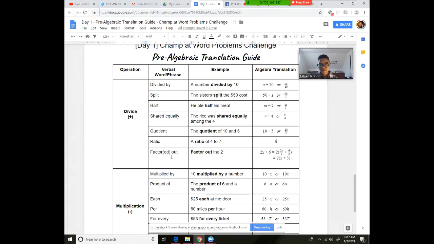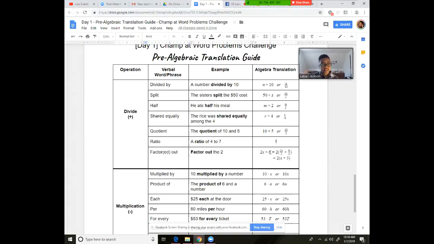This one, factored out, is not the easiest also, and it's actually something that we see in algebra. But I wanted to put it on here because when I'm helping my students, it's hard for them to see that when they're factoring out, they're actually dividing each term inside the parentheses. So let's say that 2x plus 6 is in parentheses.